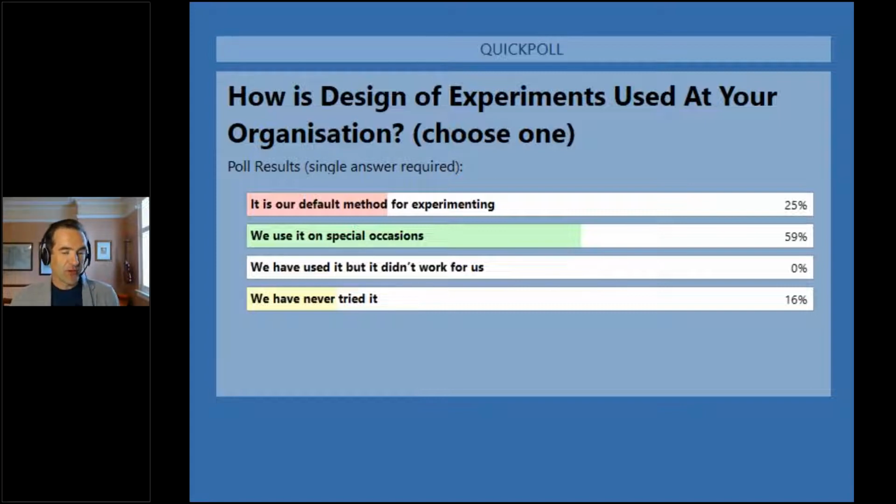And the 16% that have never tried it, maybe the reason you haven't tried it is because you couldn't see how it would work in your case. Maybe you've got some special case that you didn't think design of experiments was going to be able to help you with. Well, I'm going to be talking about some of the special cases where in the past it was hard to apply design of experiments, and show you how with different methods that are cutting edge, you can actually tackle these problems now.